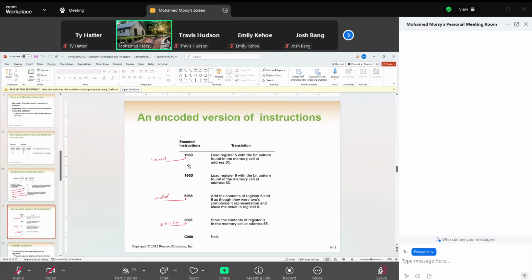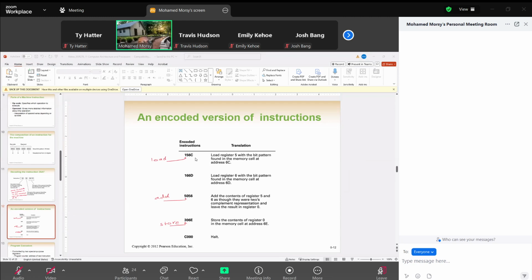There is an appendix for these instructions and operands. So 1 means load, 5 means add, 3 means store, C00 means halt or stop.